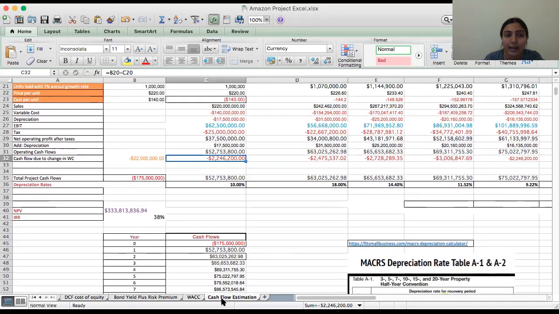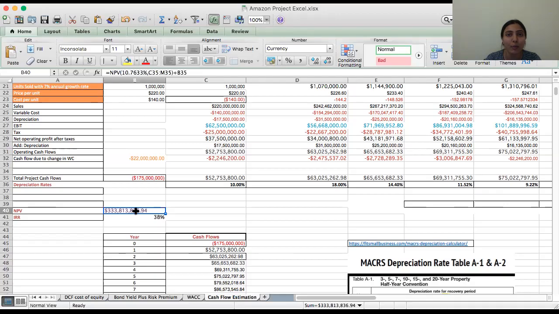I applied it with the NPV formula, that is equals to NPV, the WACC market value rate, and then I selected all my operating cash flows. And at the end, I added my fixed asset investment. In this way, I got my NPV.